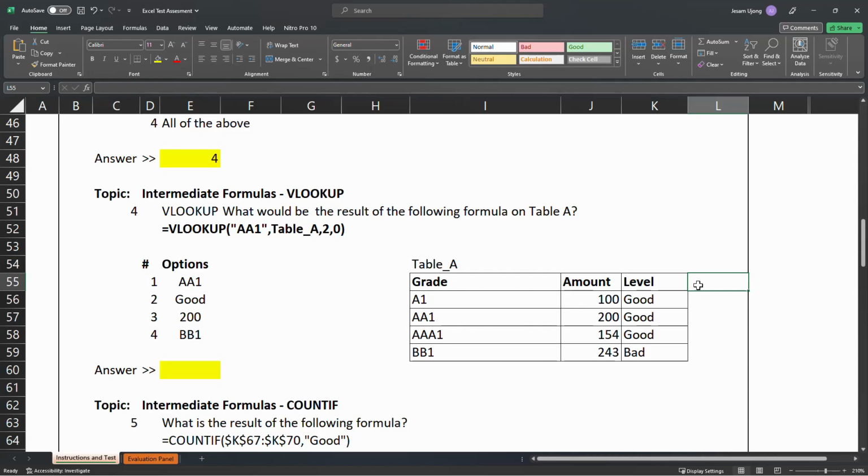Taiwo says 200. Taiwo, check again. Femi, 200. Okay, I need one more answer, and prepare to unmute and explain to me how you got it.